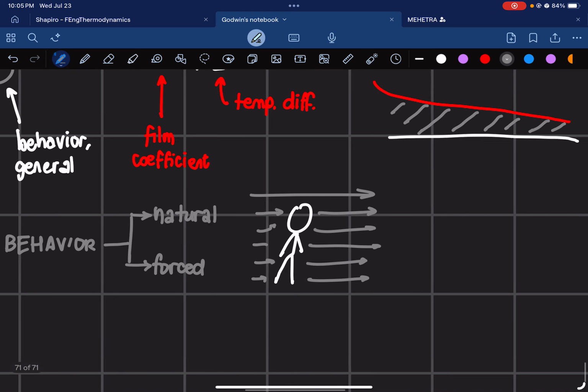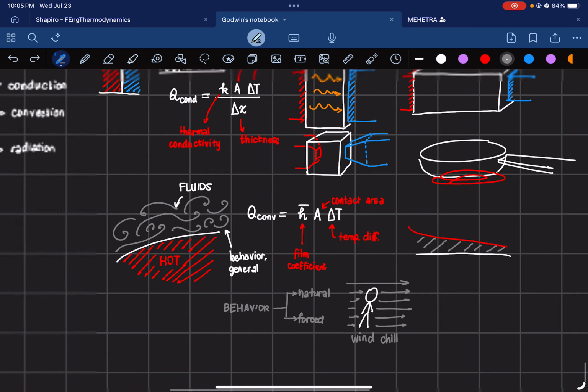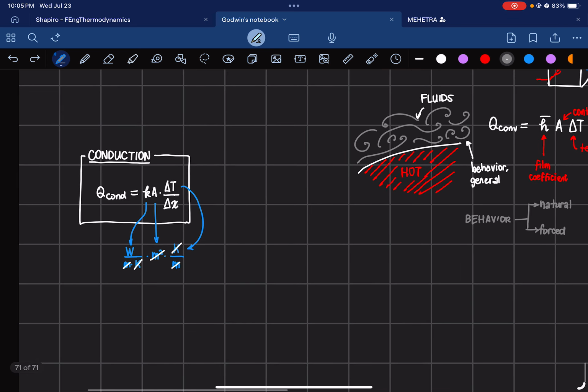This is what we call wind chill. Because of such high air velocities, this film coefficient actually increases. The air is now able to receive heat more because it's going by you faster. So that is our convection heat transfer.